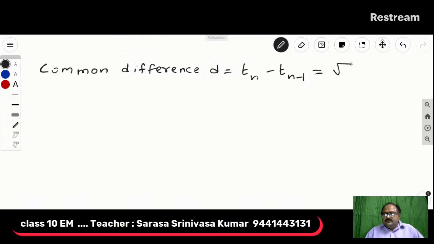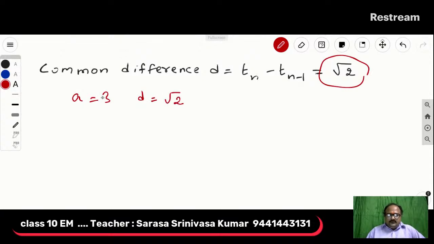This is equal to square root of 2. Here I write it in a box, square root of 2. So we note down here a equal to 3, d equal to square root of 2.